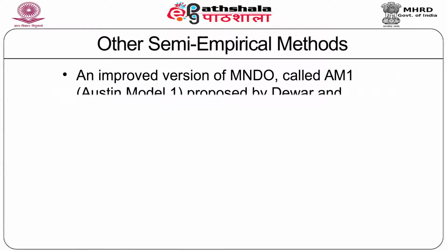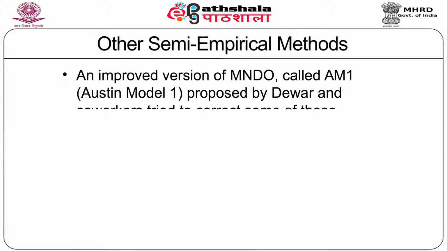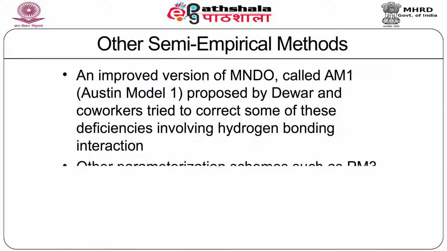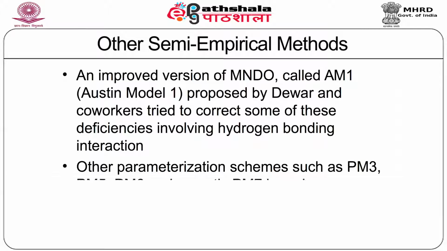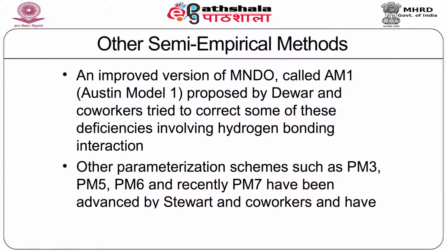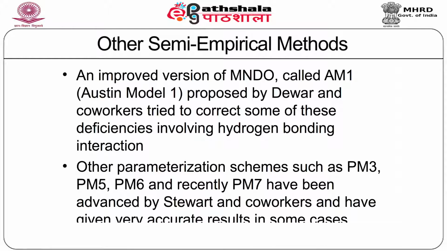An improved version of MNDO called AM1 or Austin Model 1, proposed by Dewar and co-workers, tried to correct some of these deficiencies involving hydrogen bonding interaction. Other parameterization schemes such as PM3, PM5, PM6 and recently PM7 have been advanced by Stewart and co-workers and have given very accurate results in some cases.